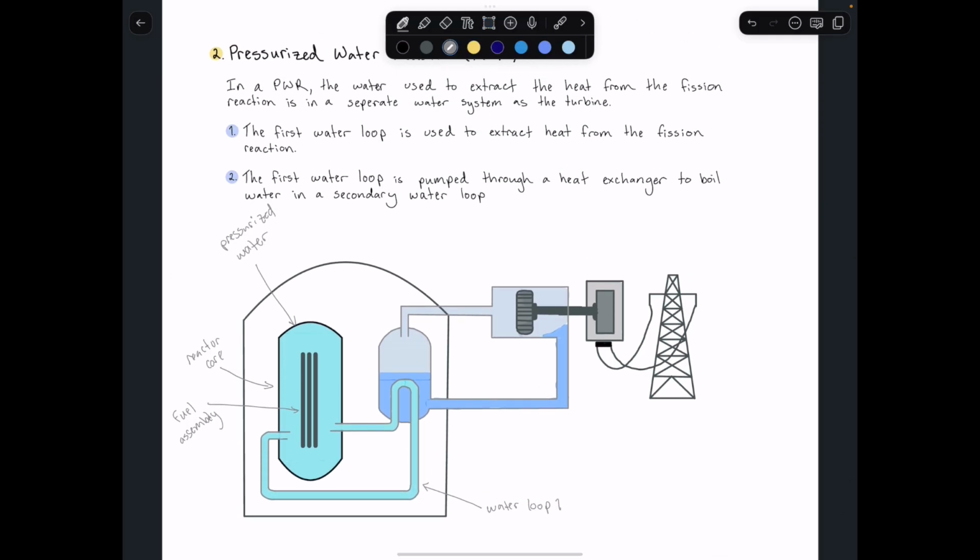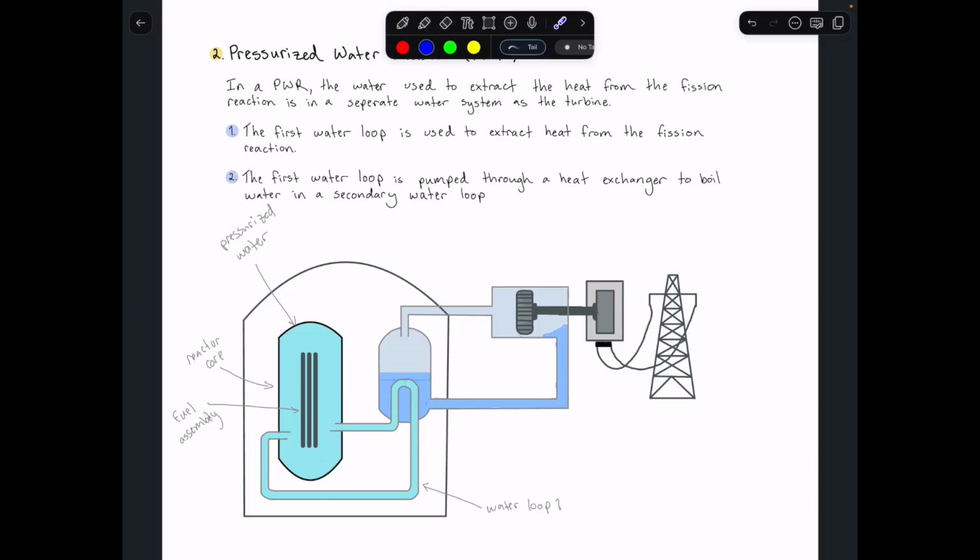Okay, so the reactor water, so this is the water that is touching these fuel rods in the fuel assembly. This reactor water is kept under very high pressure so that it doesn't boil. And if you remember back to our geothermal lecture, and you remember back to some of your intro chemistry, the higher the pressure a substance is under, the higher the boiling point is.